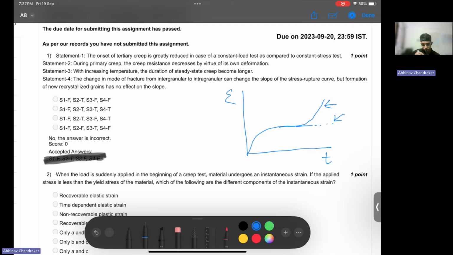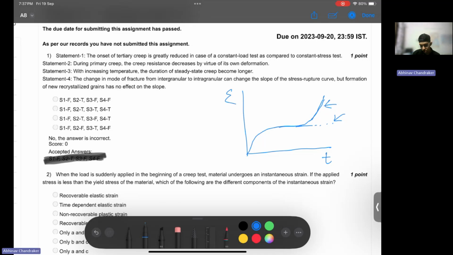This is because in the constant load test, as your specimen cross section is reducing, the applied load is not changing. So your true stress is in essence increasing as the strain is increasing. That will lead to more accelerated failure in the tertiary stage.